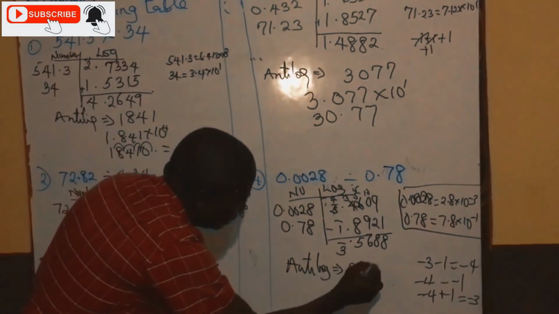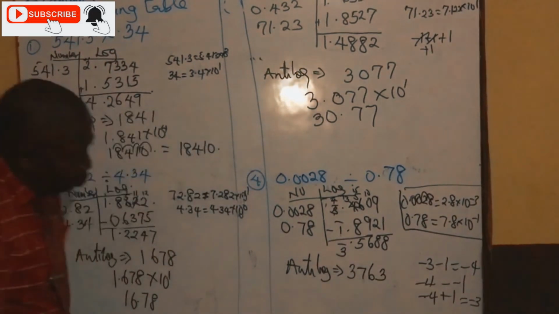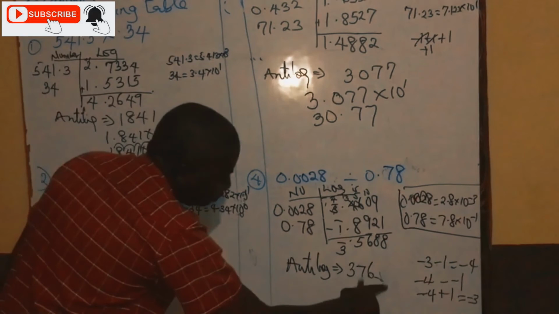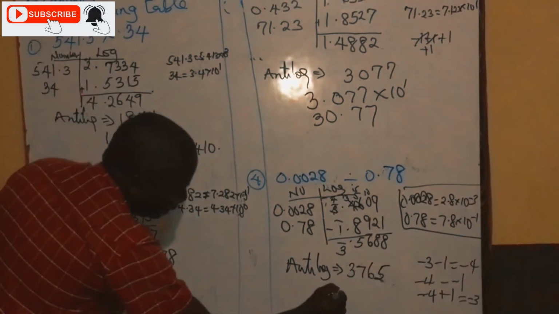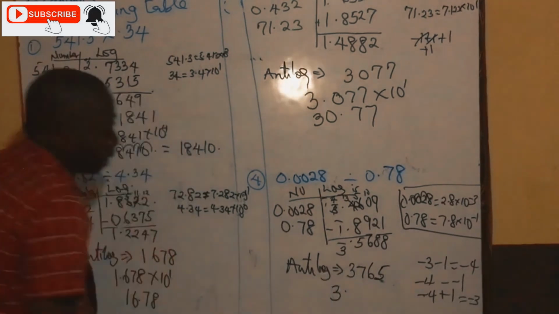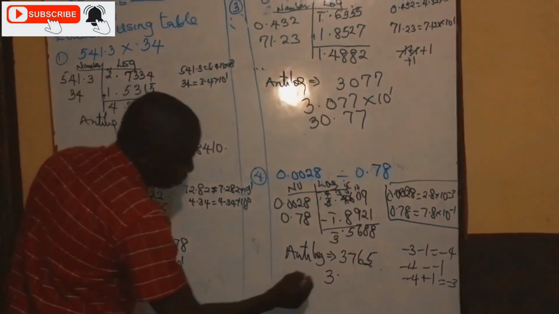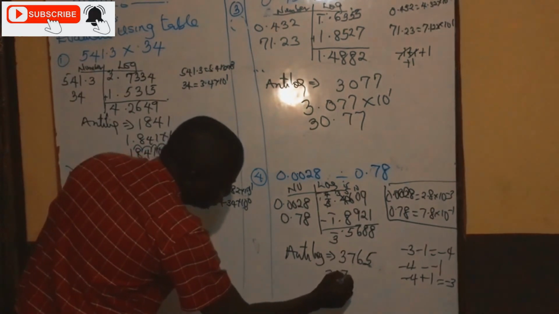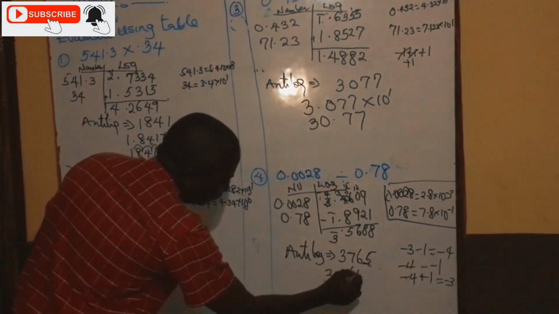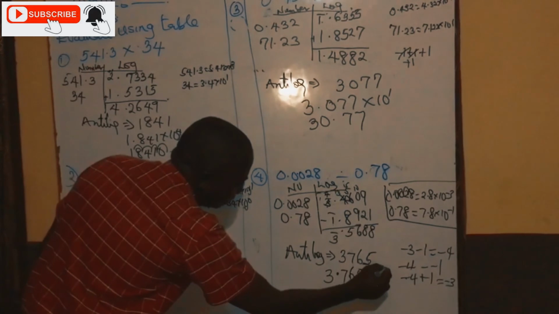Sorry, 3765. So what do we now have? 3765. So we now have bar 3. We write it as ordinary standard form: 3.765 times 10 raised to power minus 3.